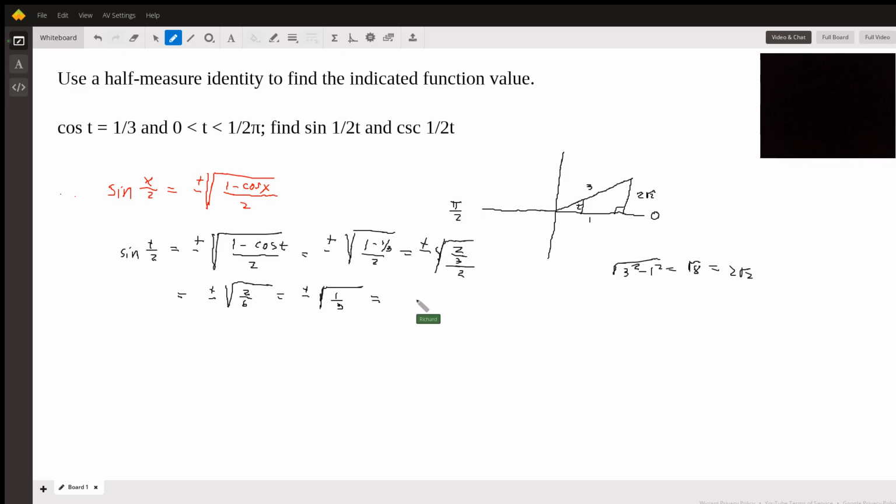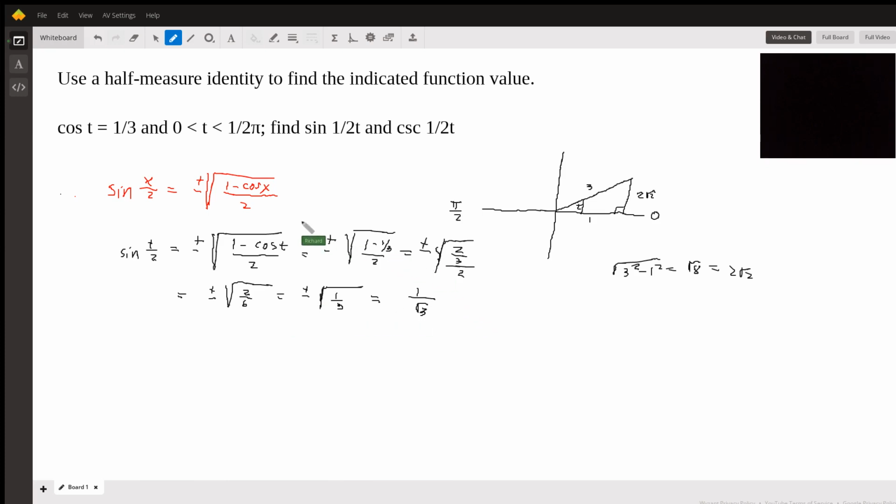And most people are going to write this as 1 over the square root of 3. And we're going to take the positive square root because the sine is positive in the first quadrant. So that's how we know whether to use the positive or negative square root.